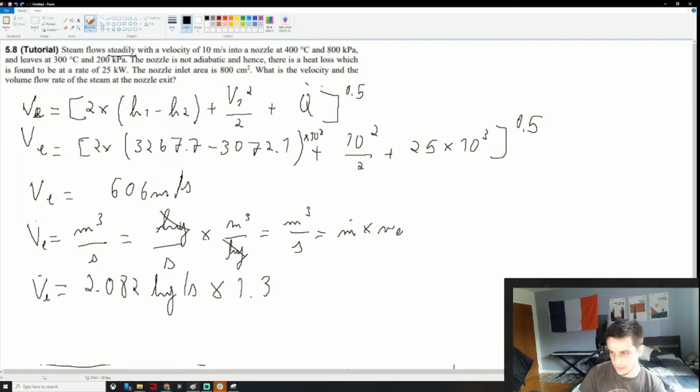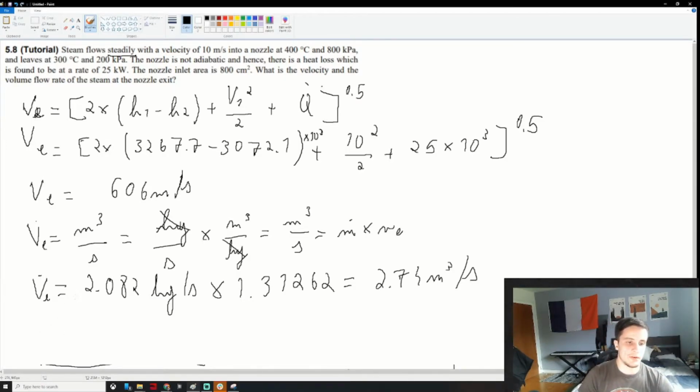And if you remember, I think we found it 1.31262, and that's going to be equal to a volumetric flow rate of 2.74 meters cubed per second. Okay.